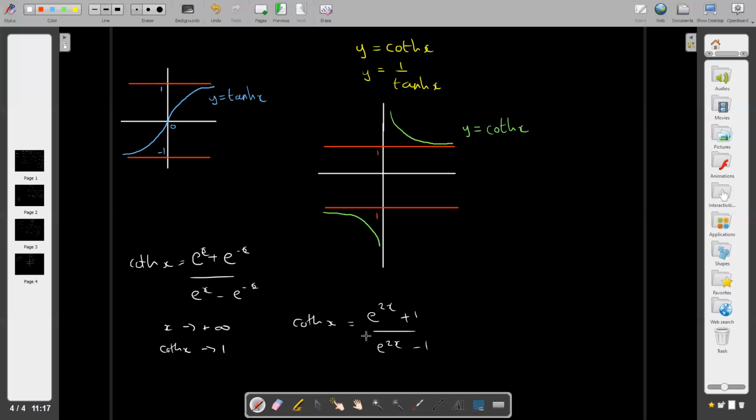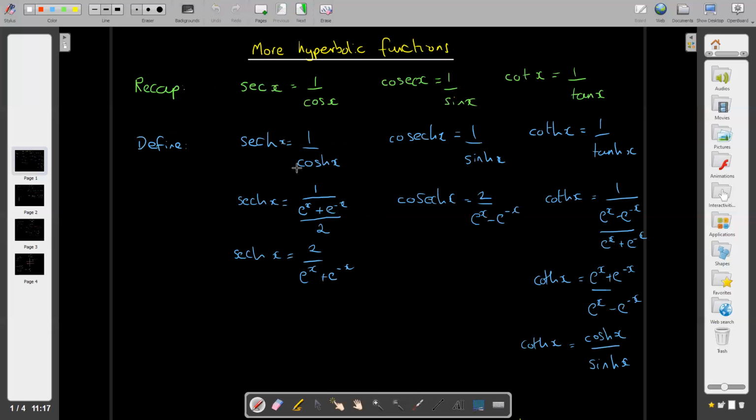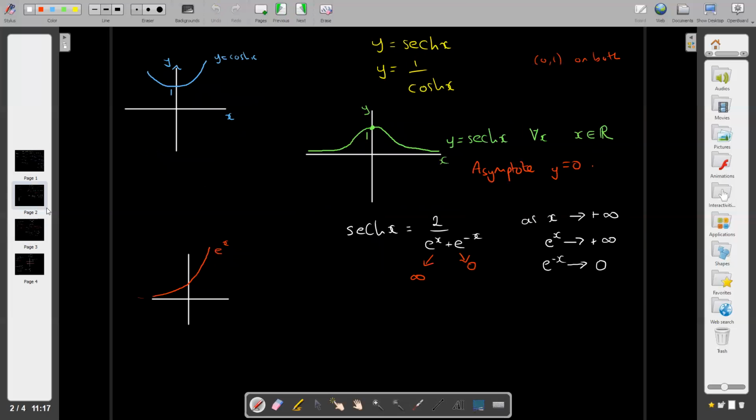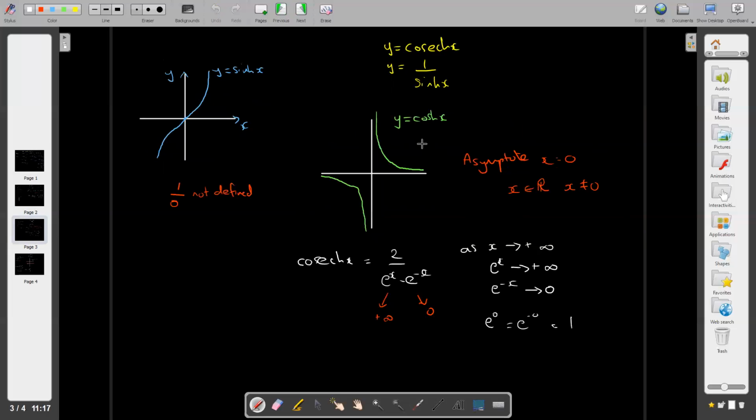Okay, so I'm going to leave that for now. We've got 3 functions: sech, cosech, coth. We've got the graph of sech. It's valid for any real number, but it's got an asymptote y equals 0. We've got cosech, where you can't have x equals 0 in the domain. You're not allowed x equals 0.